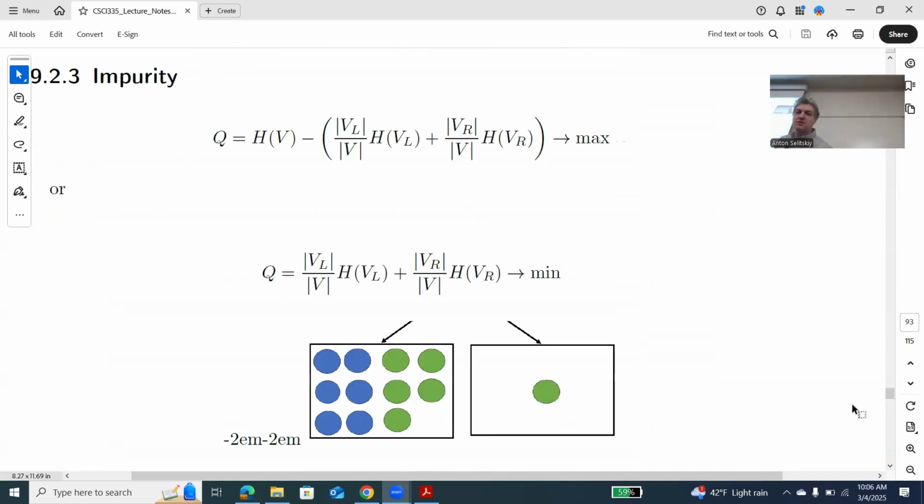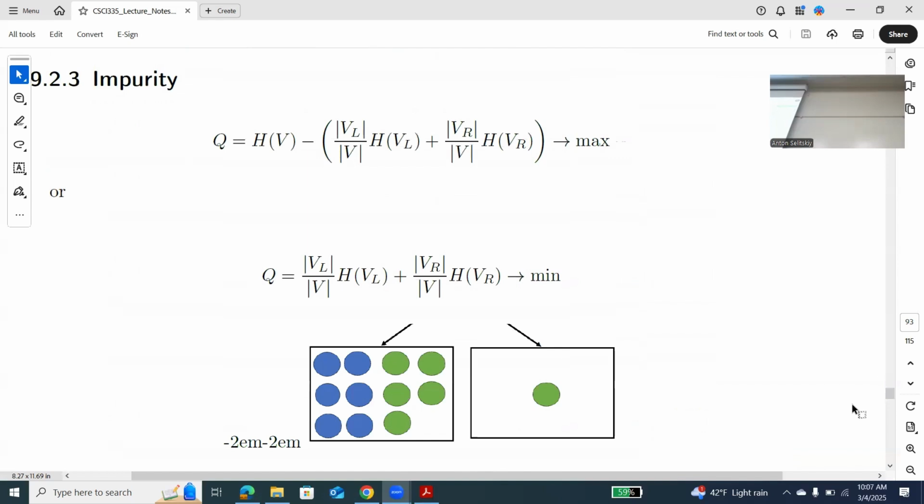Okay, just last comment about this formula. We want to reduce the entropy with our splits. In other words, we want to look at the difference of the entropy in the parent node and the entropy in children. And we want to maximize this gap. That's why this difference we want to maximize. But because we can't do anything with parent node, you can say anything against your parents as well, I think.